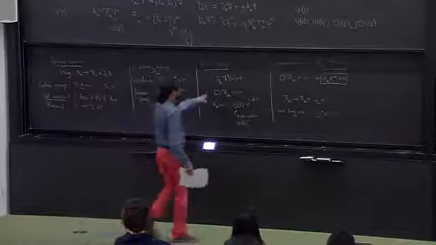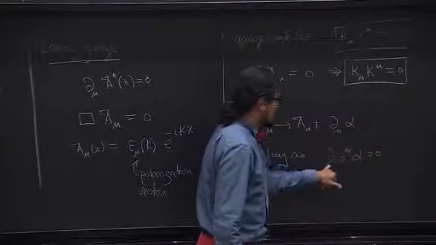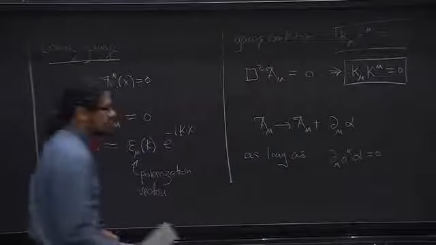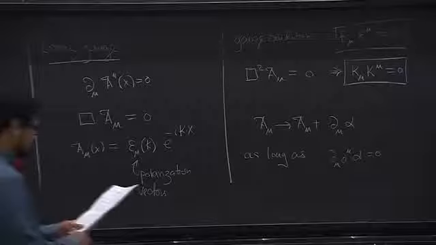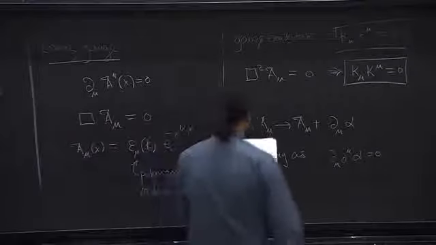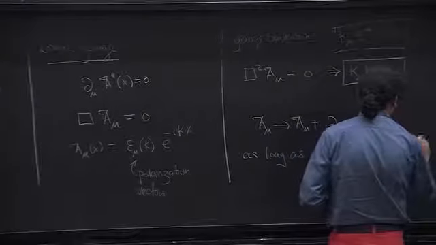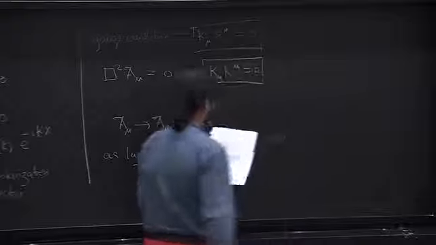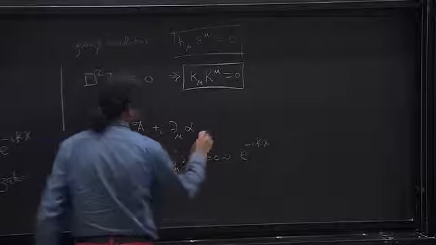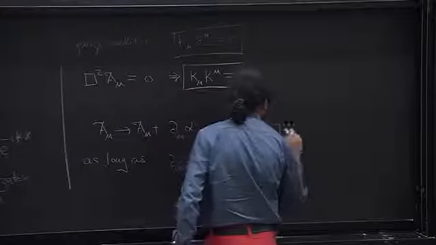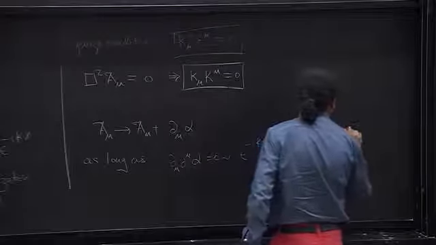If you replace A by this, as long as A satisfies this condition, the gauge condition remains unchanged. So if you were to solve this equation, it'll have some form like this. This is called a residual gauge symmetry.